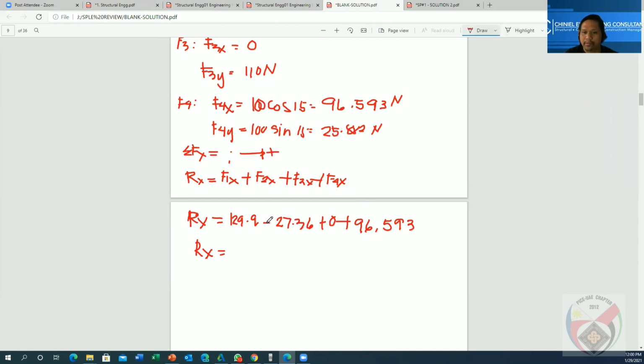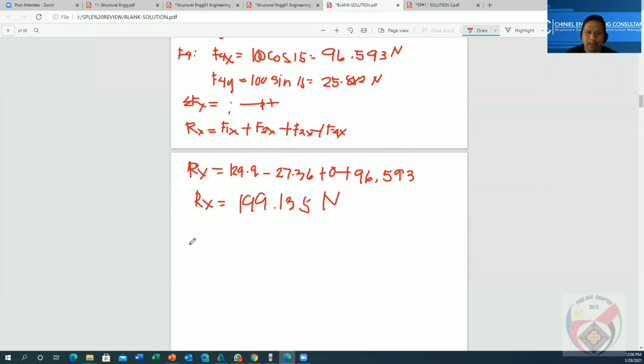So this is negative because it's going to the left. So please calculate this, what is the value? 199.135. 199.135 Newton.